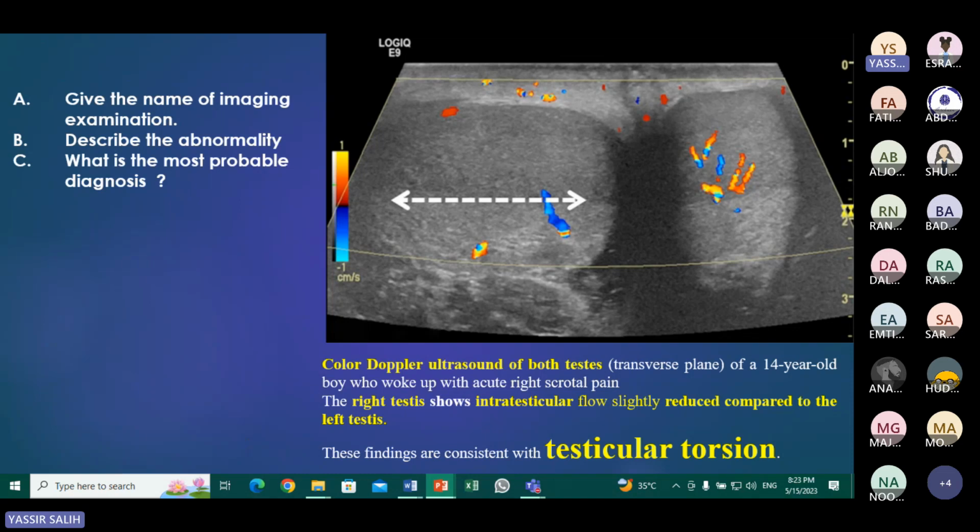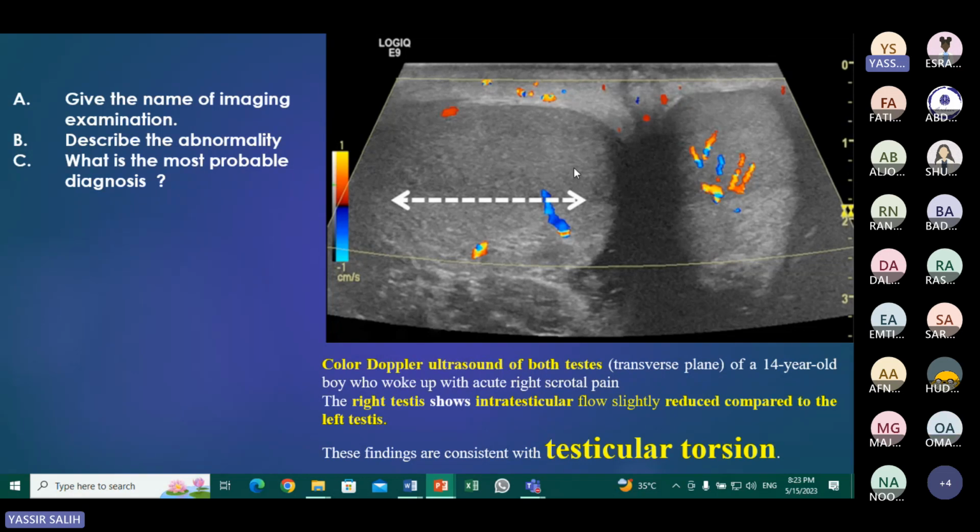And also this other patient presents with scrotal pain and swelling. What abnormality do you see? What is this? Testes. And also this is testes.